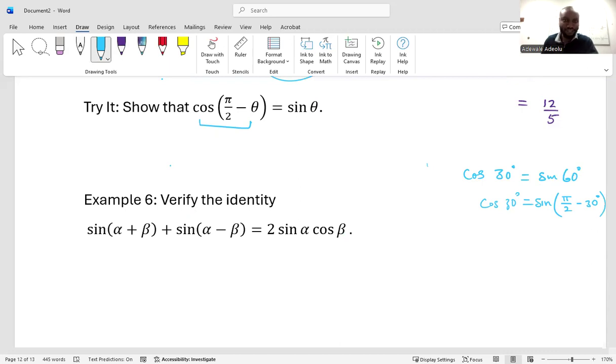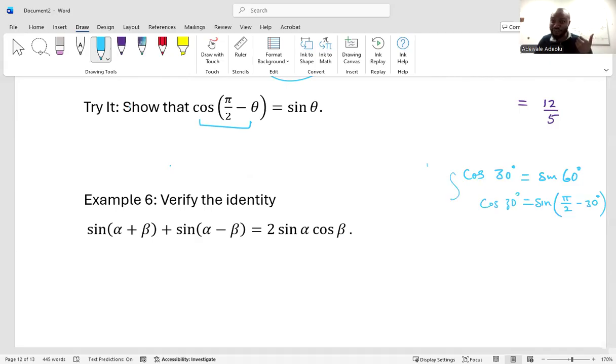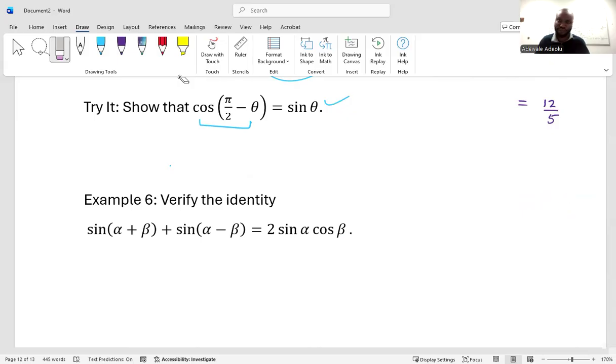So verify that. Now you can prove it. The other time we used our intuition to say, oh, we observe that this is happening, then we concluded. Now you can actually prove it by using the difference of two angles.